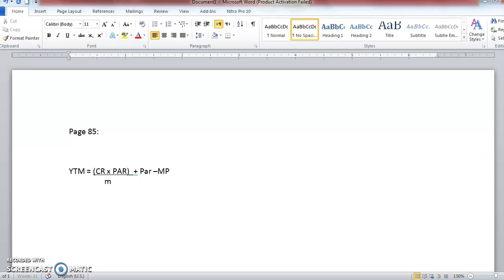This one minus N, M. So I think this is the formula that is stated in your textbook, right? Just the same one. So CR times par, divide by M, and plus par minus market price divide by N times M.